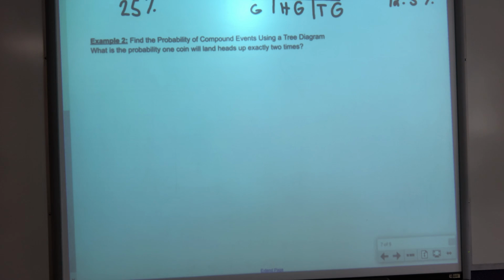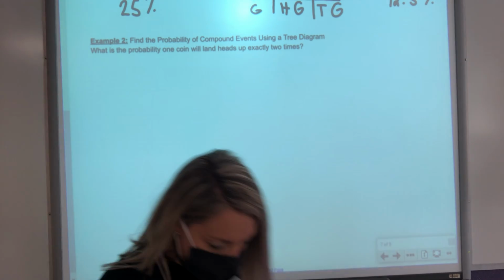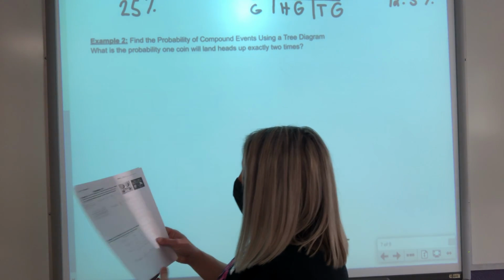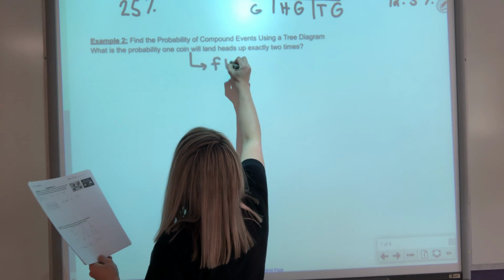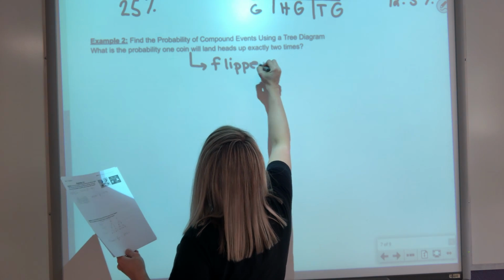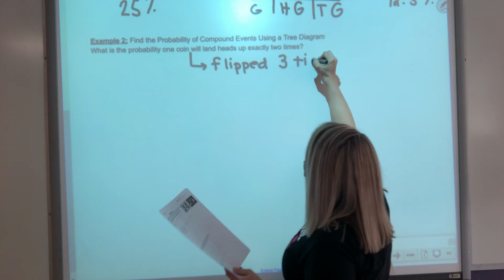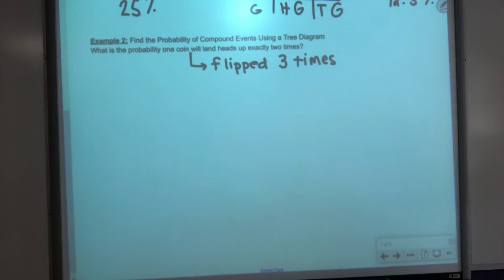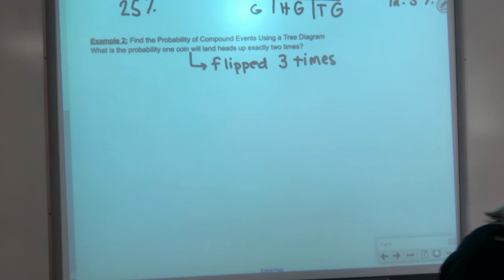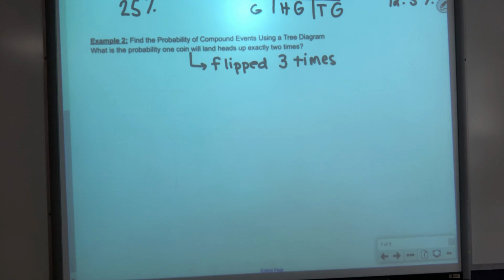What is the probability one coin flipped 3 times, so you're going to add that into your notes, will land heads up exactly 2 times?